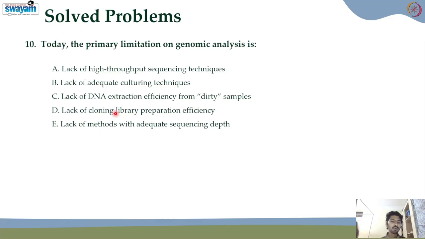Option D, lack of cloning library preparation efficiency. Option E, lack of methods with adequate sequencing depth. So among these options, which is the correct limitation?